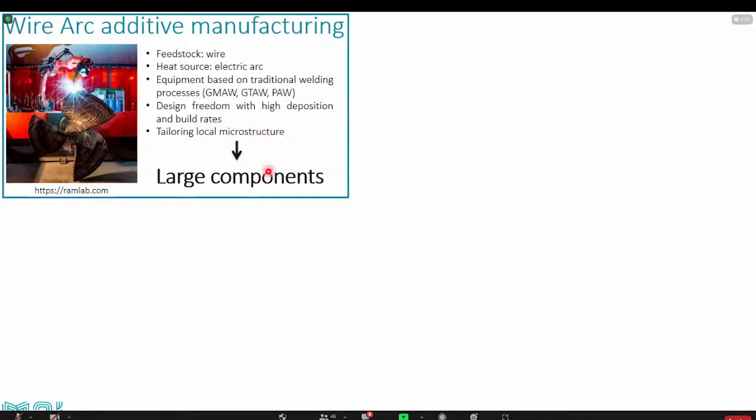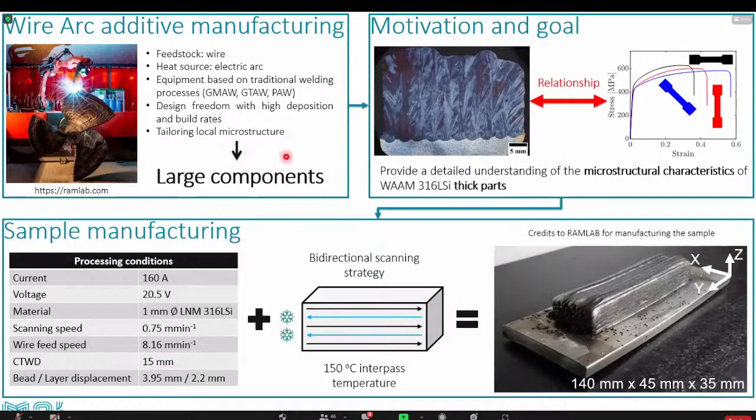Because we're using them in an additive manner, it gives the possibility of making very complex parts and also of tailoring the local microstructure. But exactly because we're using these fusion processes in a repetitive manner, we have a heterogeneous microstructure, which translates into anisotropic mechanical properties, which, depending on the application, is not necessarily a bad thing.